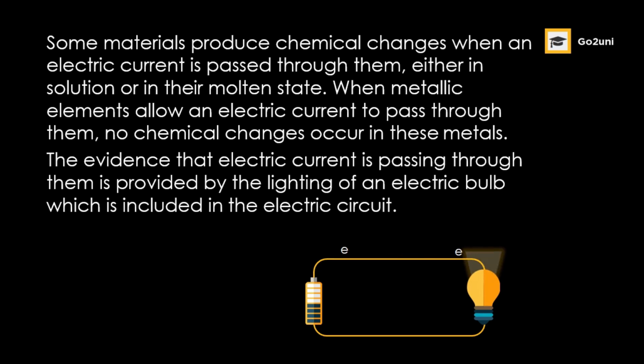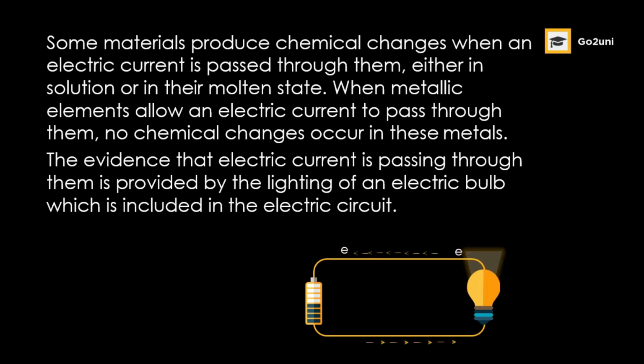Metals also permit the flow of electricity through them, but unlike the electrolytes, metals don't show any chemical kind of change when electricity passes through them. They only allow electricity to pass through them, and the presence of electricity can be confirmed by the glowing of any electric bulb that is attached in this electric circuit.